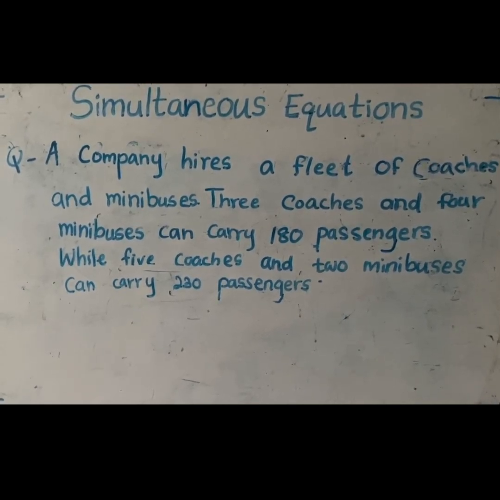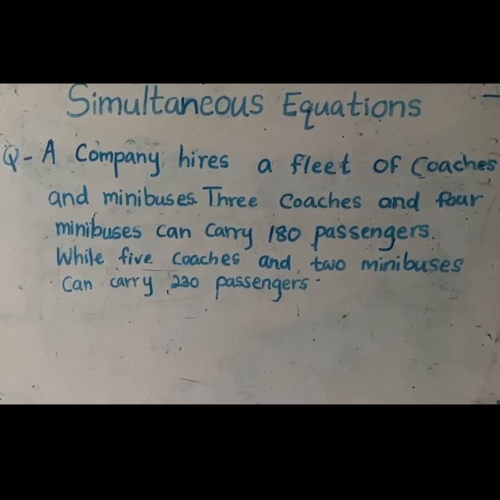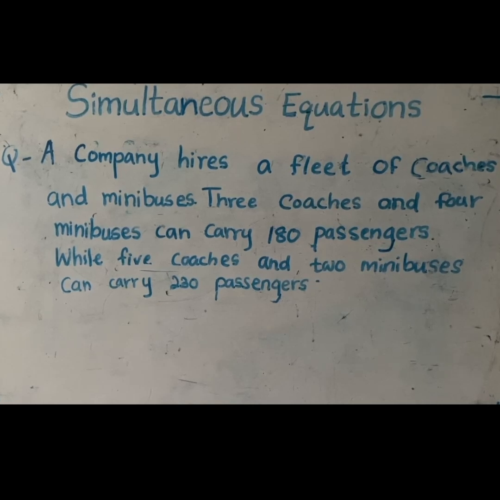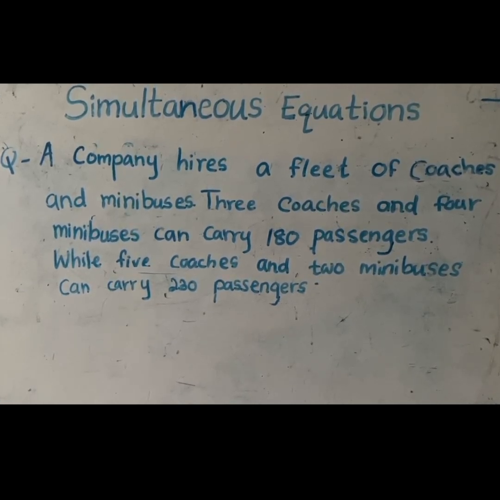There is a worded question. Through this you want to build up the simultaneous equations. First of all, we will read this question. A company hires a fleet of coaches and minibuses.